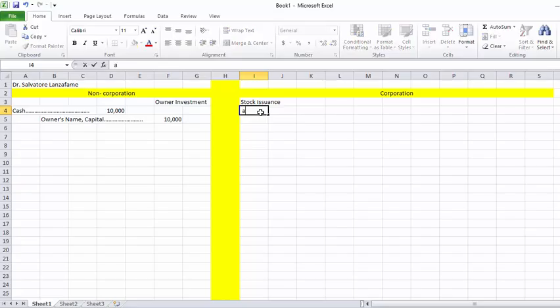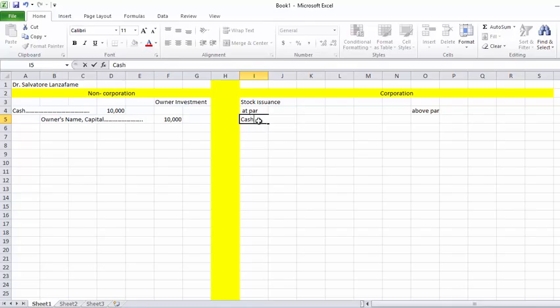One would be at par value, and the other one would be above par value. You can't really sell stock below par because in most states it's illegal. So it's either going to be at par or above par. The journal entry that would be made would look something like this.